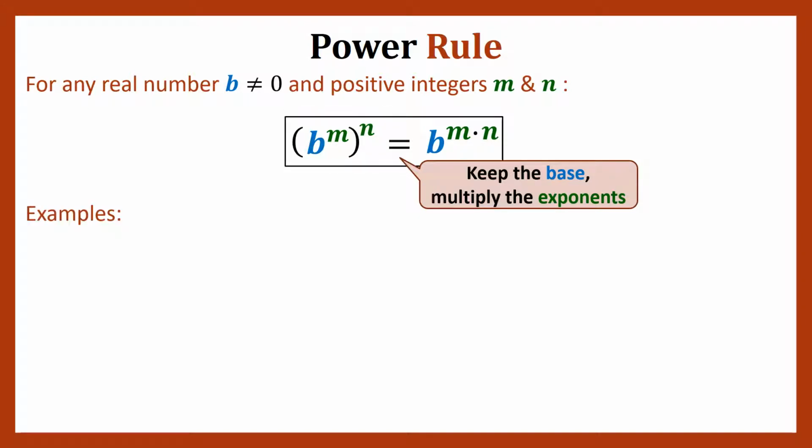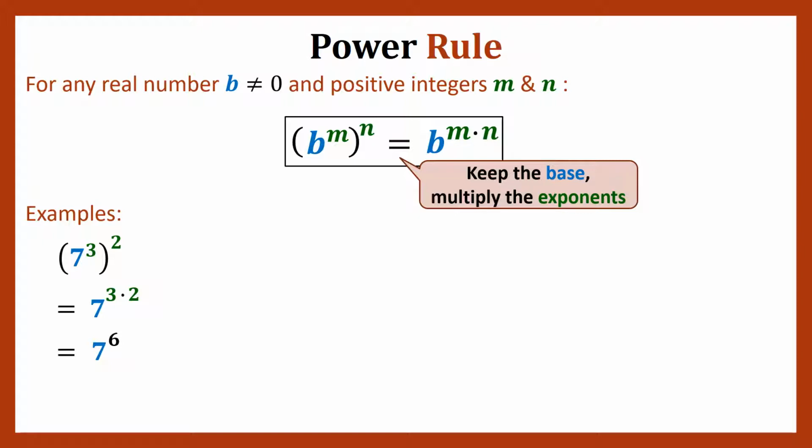Let's look at some examples. Suppose we have 7 raised to the power of 3, in parentheses, raised to the power of 2. Using the power rule, this is then equal to 7 raised to the power of 3 times 2, which is then equal to 7 raised to the power of 6.